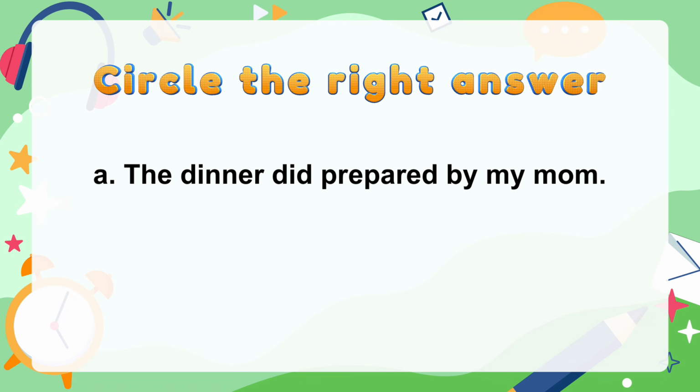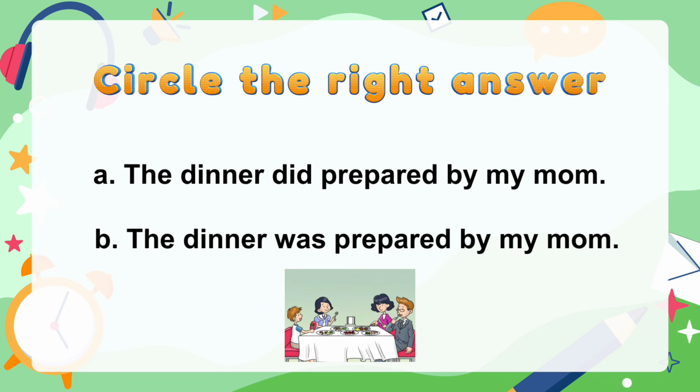A. The dinner did prepared by my mom. B. The dinner was prepared by my mom. Here we need a be verb. So we use was. The answer is B. The dinner was prepared by my mom.